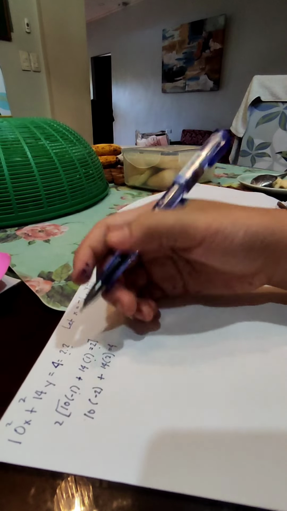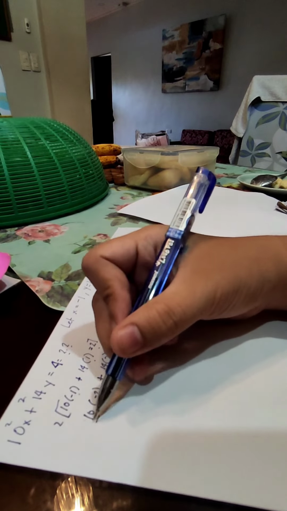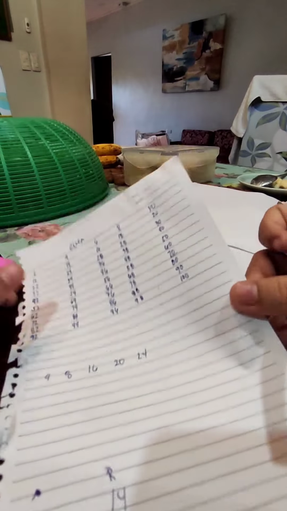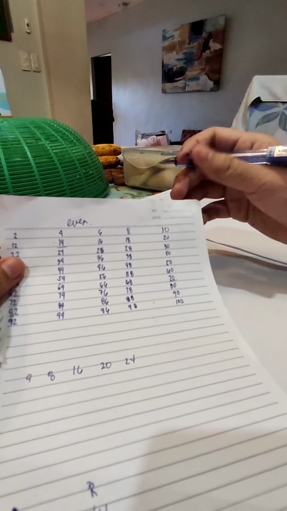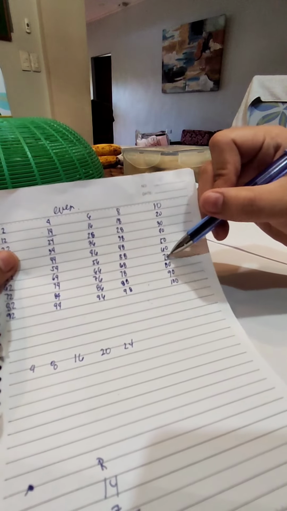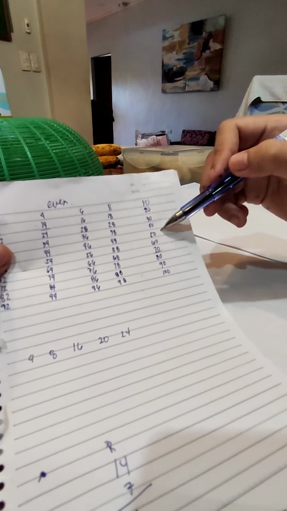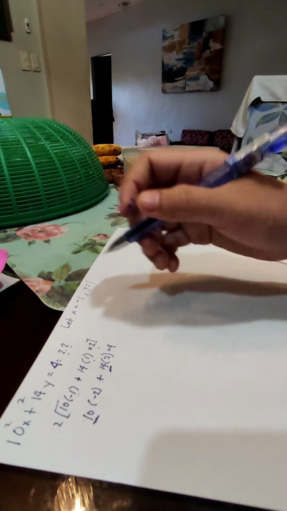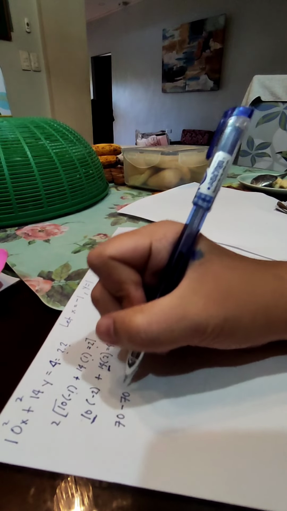Then, what is the LCM of 10 and 14? The LCM of 14 and 10 is 70. So, 70 minus 70 equals 0.